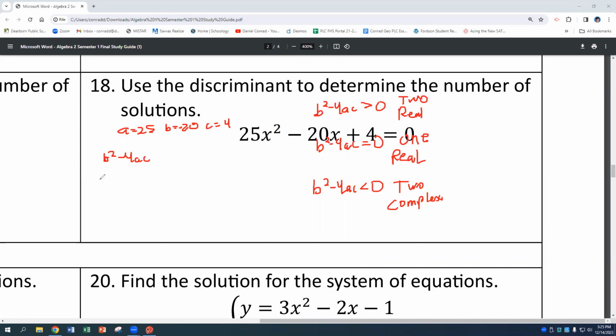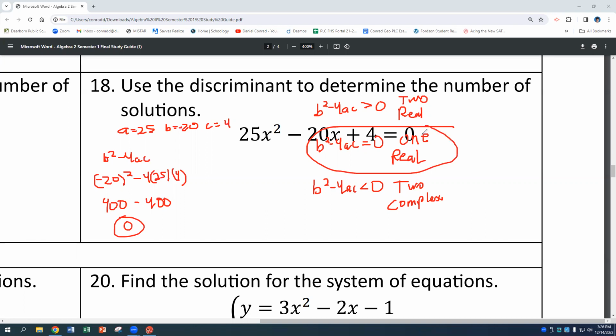So it's going to be negative 20 squared minus 4 times 25 times 4. Okay, so that's going to be 400 minus 400, which is going to be 0. So b squared minus 4ac is going to be 0, which means we have one real solution.